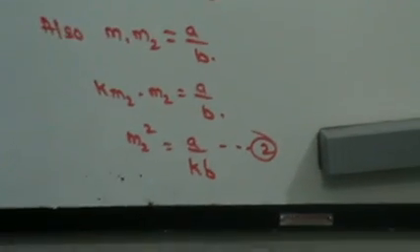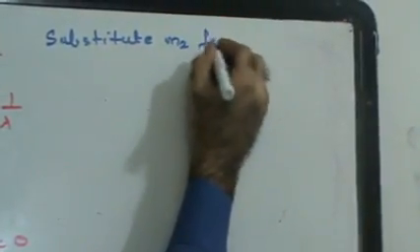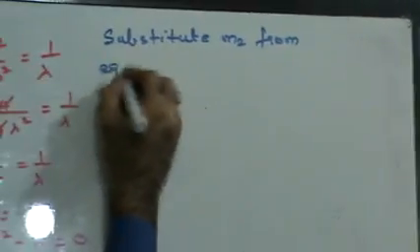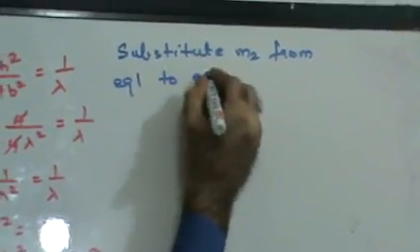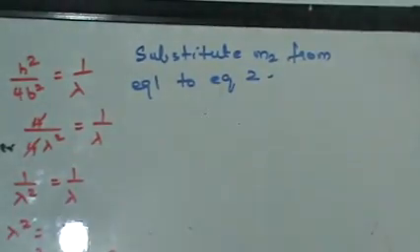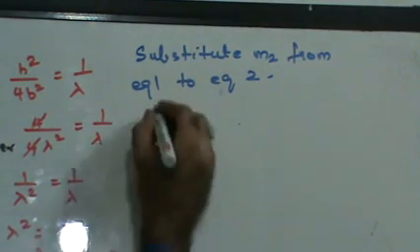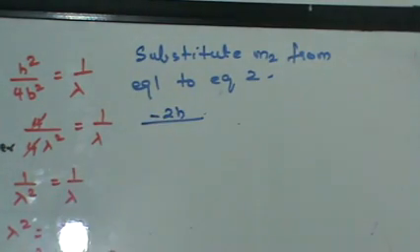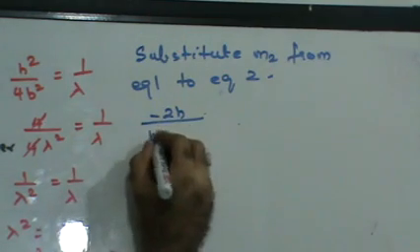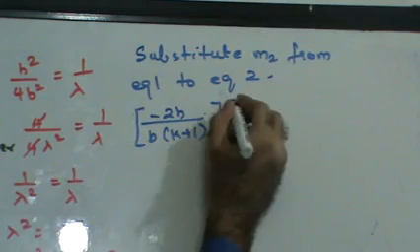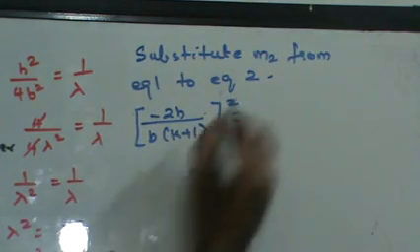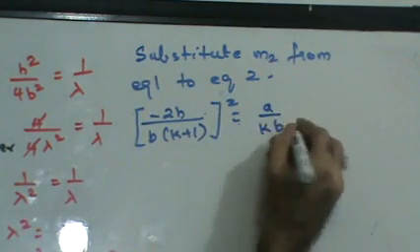So in that case you will get minus 2h upon b into k plus 1, the whole square, is equal to a upon kb.